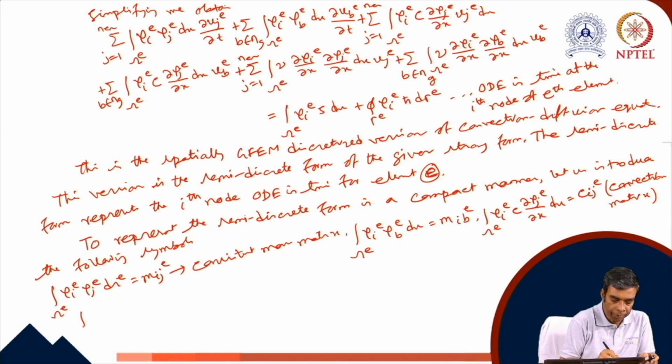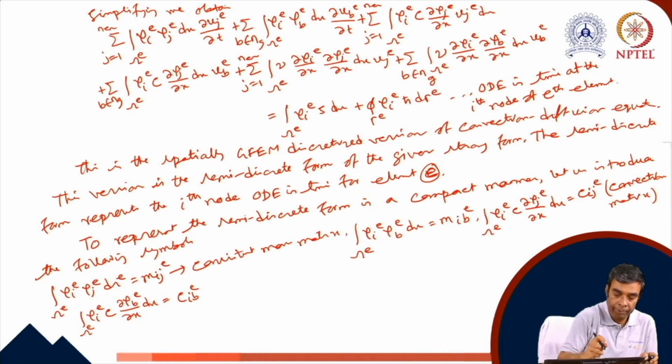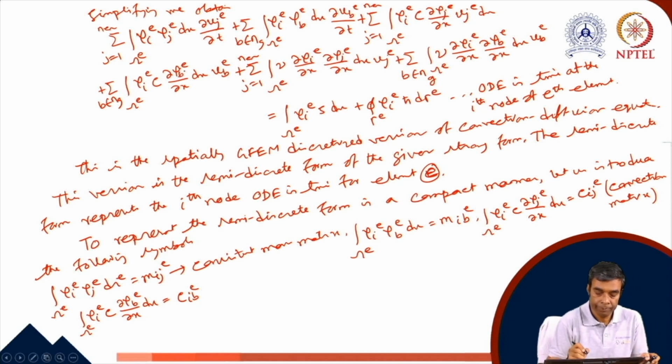Then we have integration over omega e psi_i^e c del psi_b/del x dx equals c_ib.